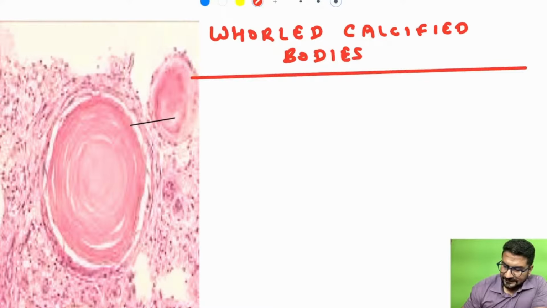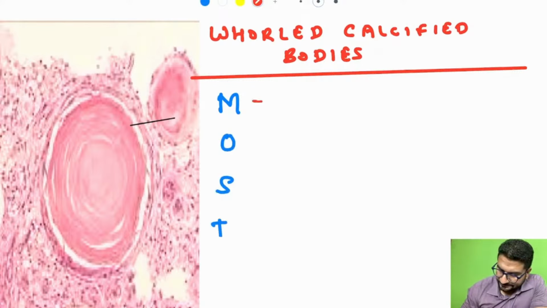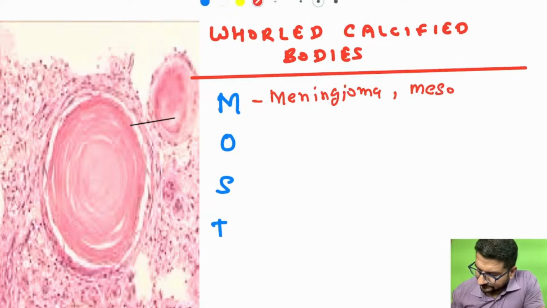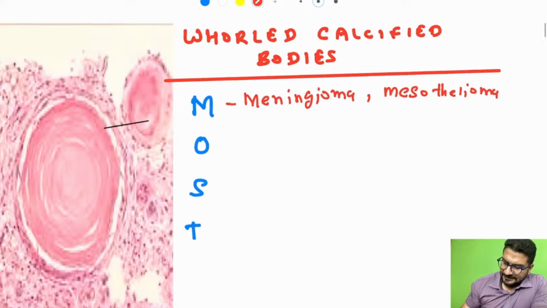You can remember this by the mnemonic MOST: you will see them in meningioma, mesothelioma, then ovary, salivary gland, and thyroid.